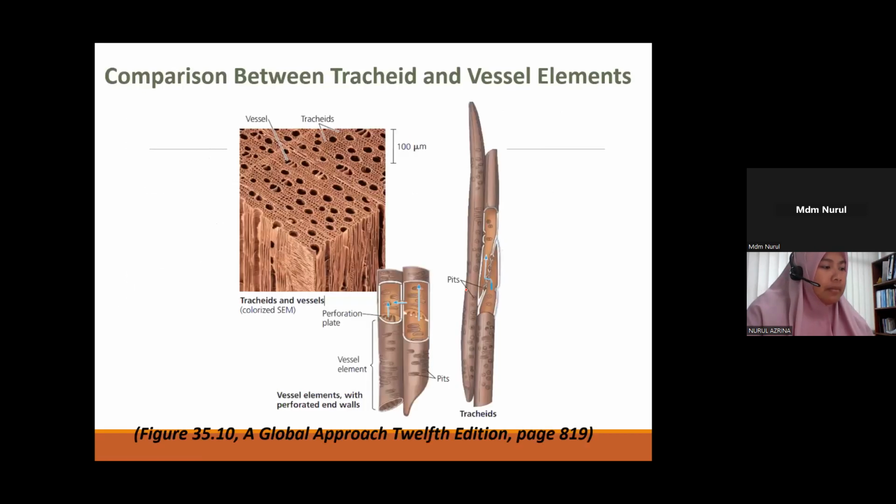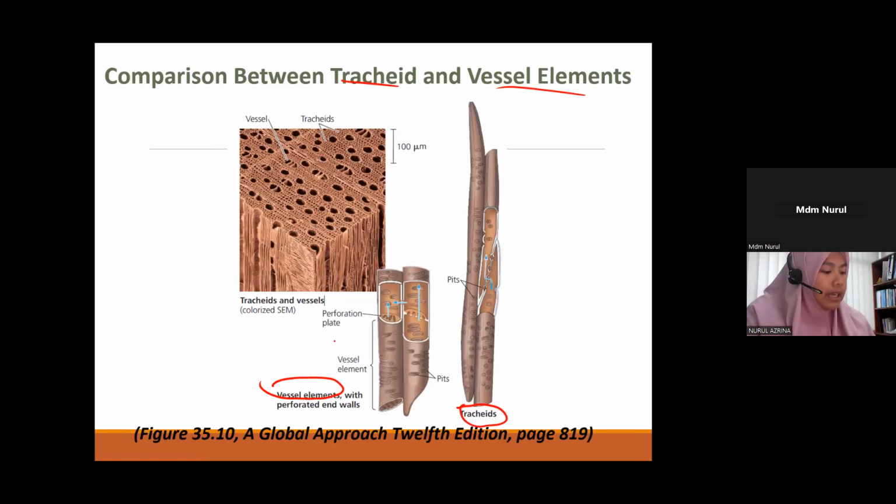Okay, this is the structure of a vessel element, and this is the structure of a tracheid. These two elements make up the xylem. So xylem comprises vessel elements and also tracheids.